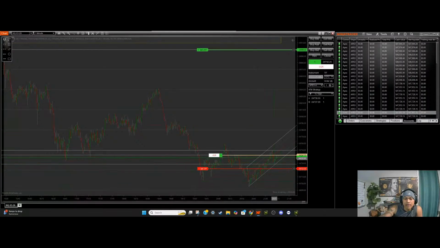I really want to add or go full size again, which is 3 contracts, above 750. If we can consolidate above 750, if we can consolidate up here in that box, stay strong, then we can push up. Oh, goodness. I'm getting chopped. Getting chopped 5 points at a time.